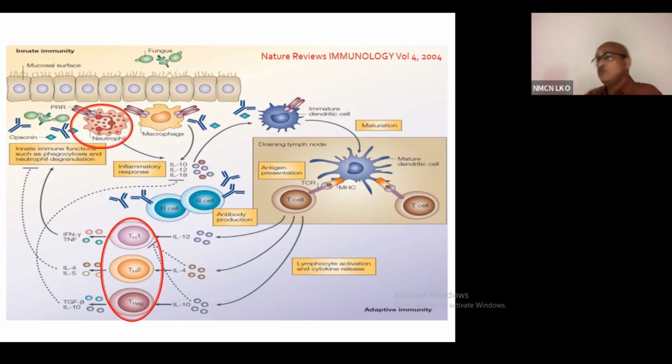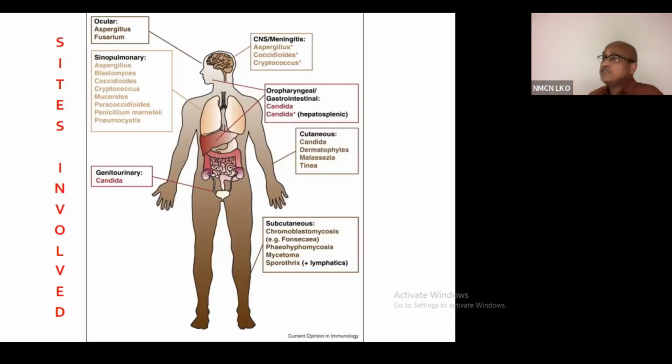So always look at the neutrophil count in your patients and anticipate that they are at higher risk for developing a fungal infection. They act upon the Th1, Th2 and these cells. So these are important. When I prescribe, or when you prescribe at the bedside, always look at the neutrophil count in your patients.